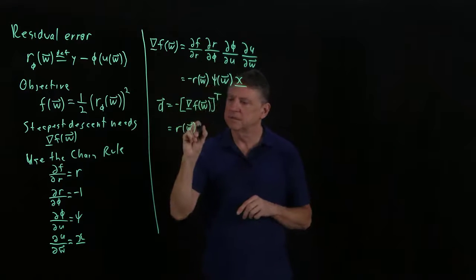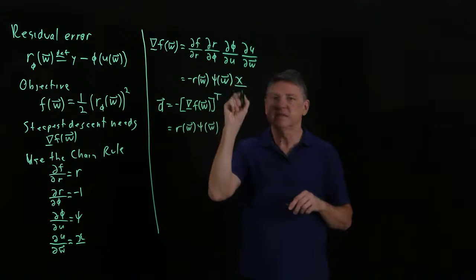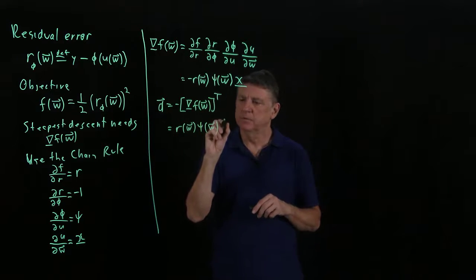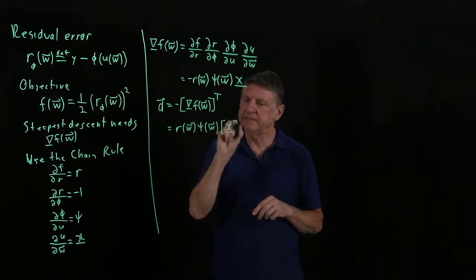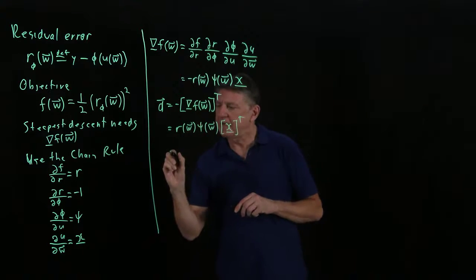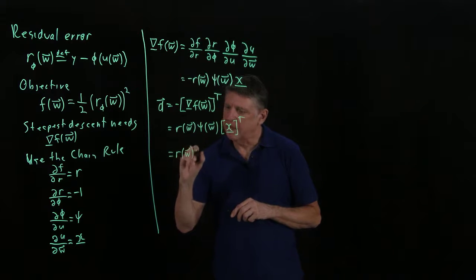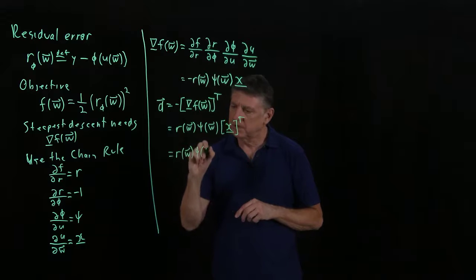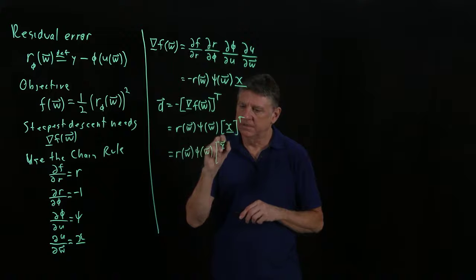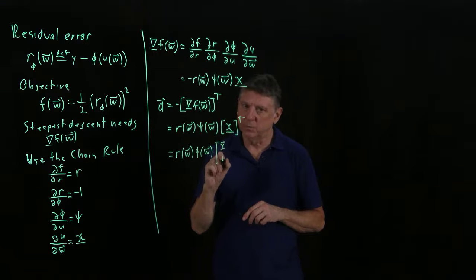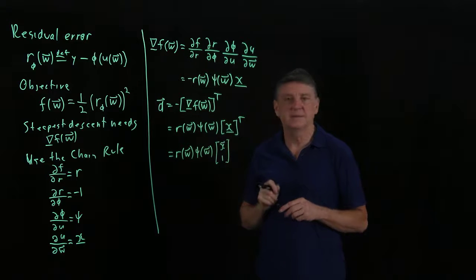This is a scalar, so we keep it. And this we simply transpose. So that is our augmented data vector transposed. And we could also write that, if we need to, as the residual times the activation times the data vector with a 1 appended to it. And this is our convention for creating the design matrix.